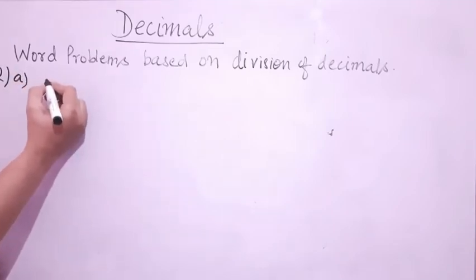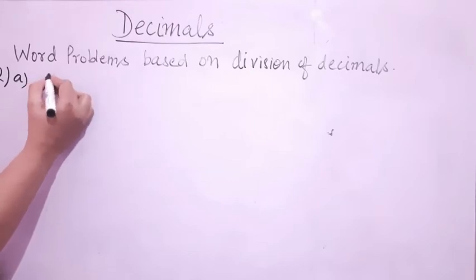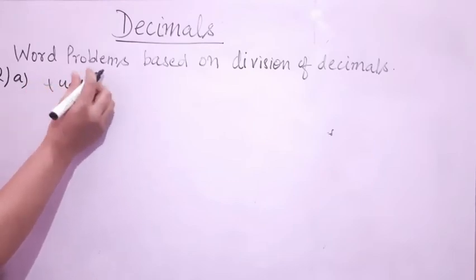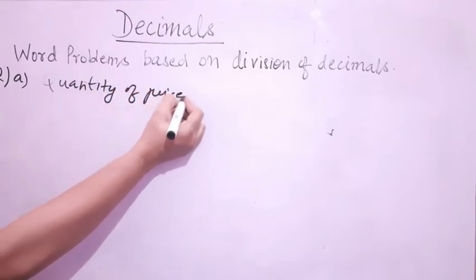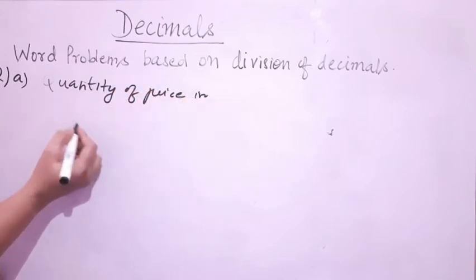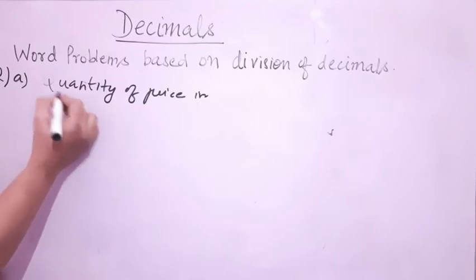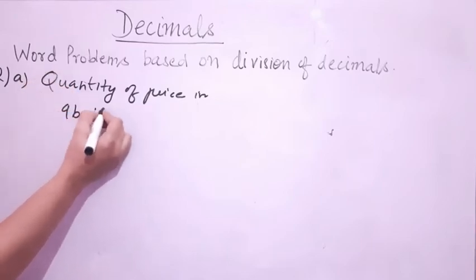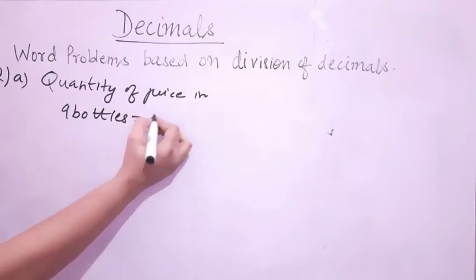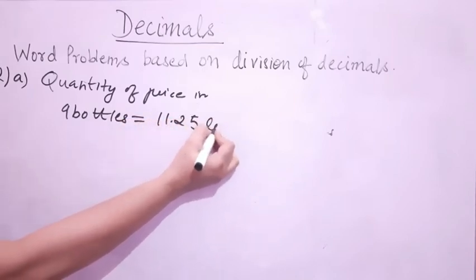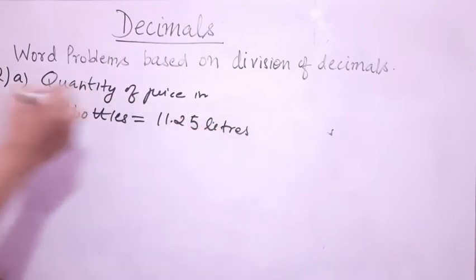So what is the first statement in this question, students? The first statement is quantity of juice in how many bottles? In total there were 9 bottles. So the first statement will be quantity of juice in 9 bottles. So how much juice was there in 9 bottles? 11.25 liters.